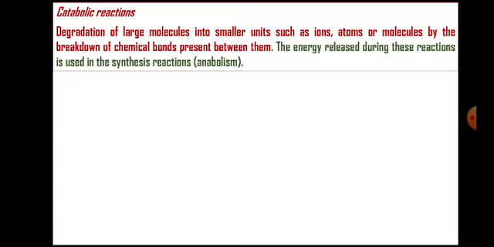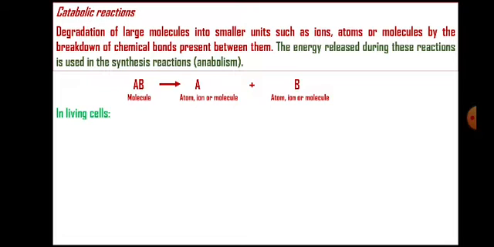The energy released during these reactions is used in anabolism. So, it is a type of cycle. As an example, molecule AB is broken down to A plus B. During this process, the energy is released.